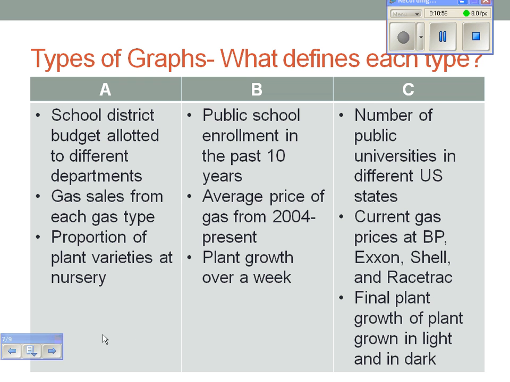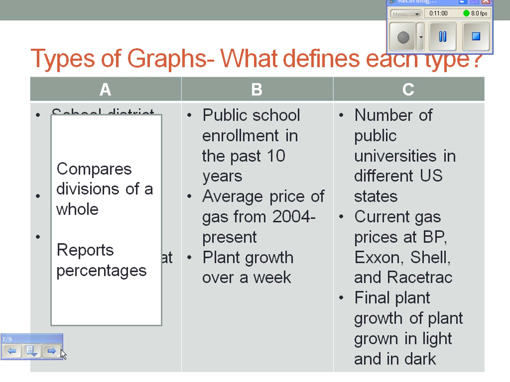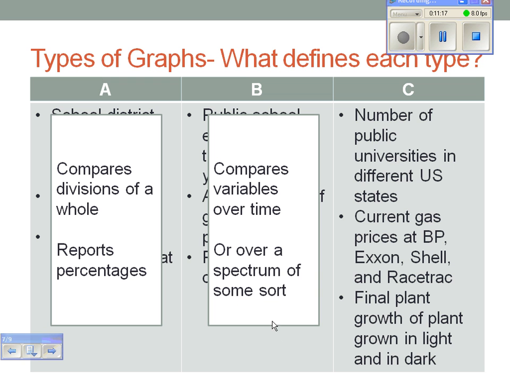So remember, you can pause and look at this for a little bit if you need to. Group A as a whole is comparing divisions of a whole, parts of a whole, percentages, proportions, everything like that. Okay, that's going to be pie chart. All right, Group B is comparing variables over time or over any type of spectrum.